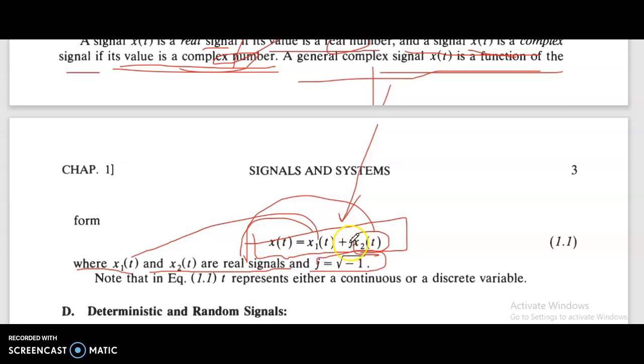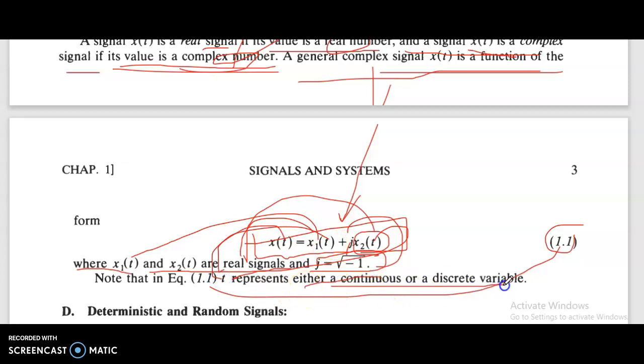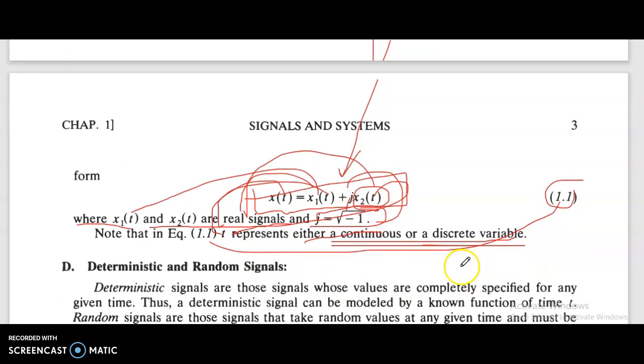Note that in equation 1.1, t represents either a continuous or a discrete variable.